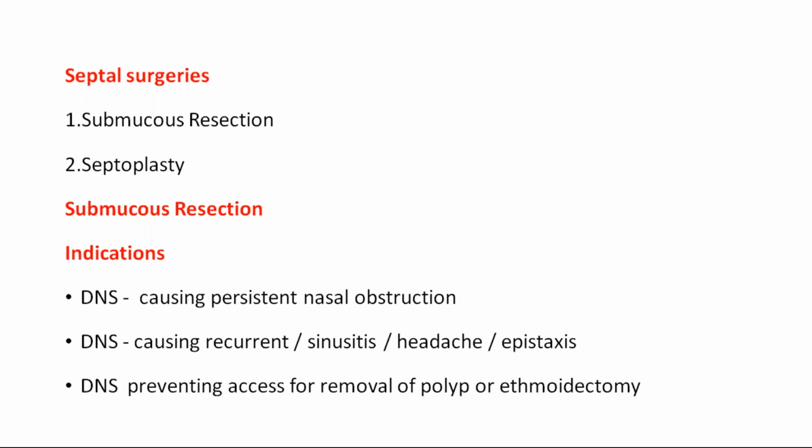Then after elevating both the flaps, you take the Killian's long bladed nasal speculum. You insert it, the self-retaining one, tighten the screw, and the blades will open up, and then you have a good view. You can ask your assistant to just hold the Killian's speculum.